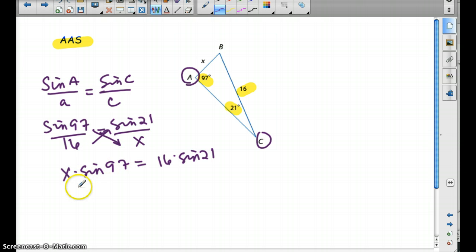So we need to get x by itself, so we're going to divide by the sine of 97 on both sides. And you can go ahead and put this in your calculator. I would take 16 times the sine of 21, enter, then divide it by the sine of 97, enter. And you should end up with 5.8.